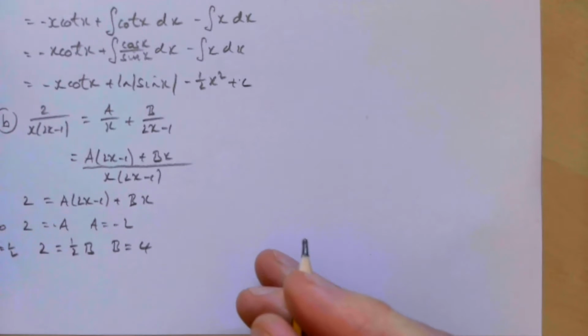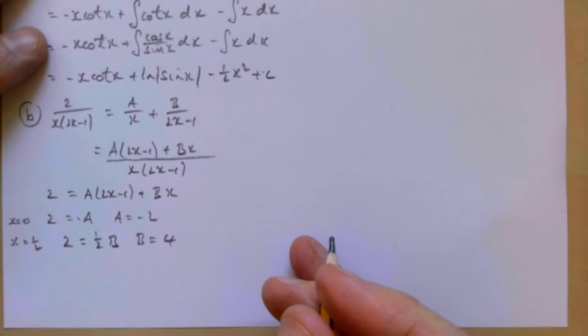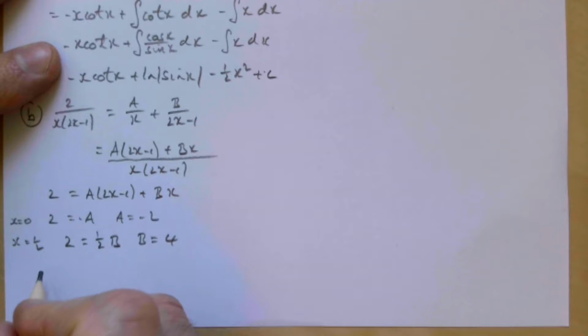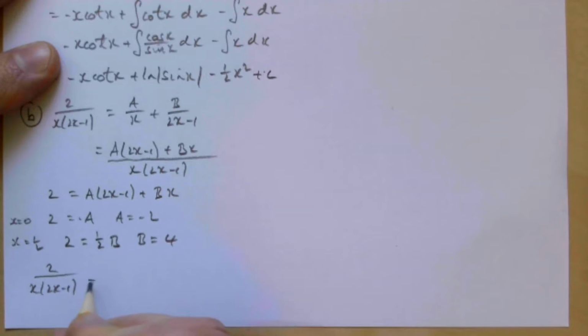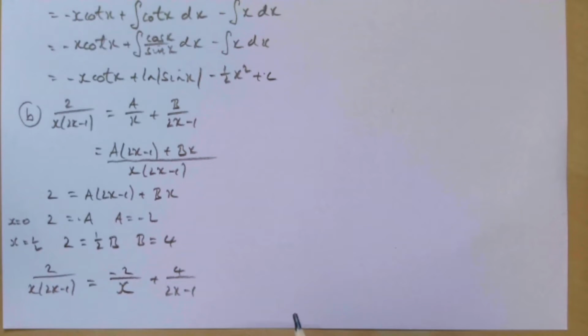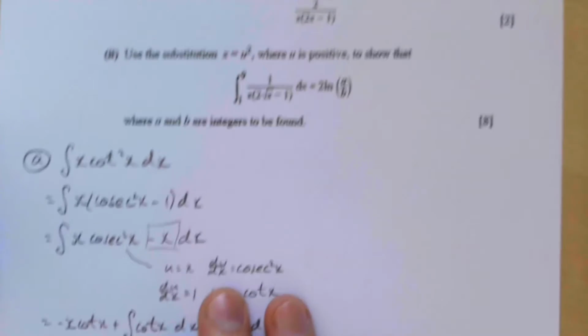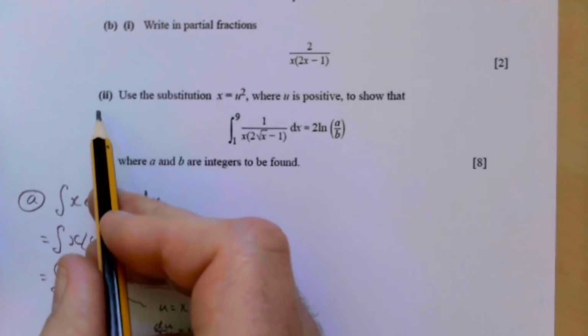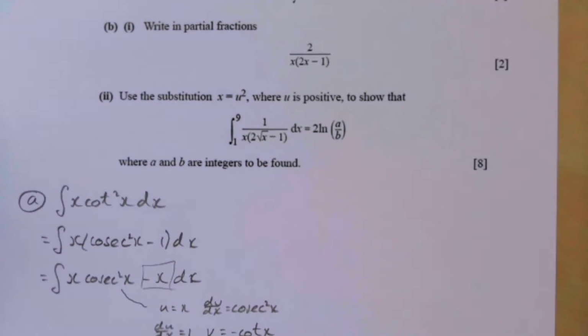So that means my question becomes, just trying to fit it all in here, 2 over x upon 2x minus 1 equals, my a is minus 2, so it's minus 2 over x plus 4 upon 2x minus 1. Part 2 then, so I assume we're going to be using this somewhere here to try and solve this.